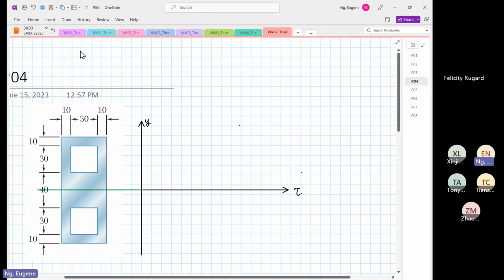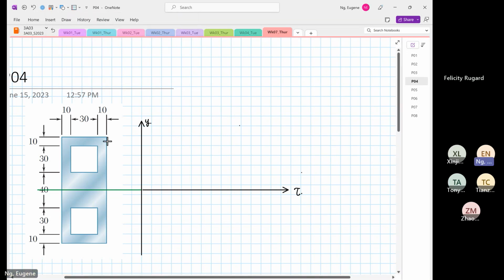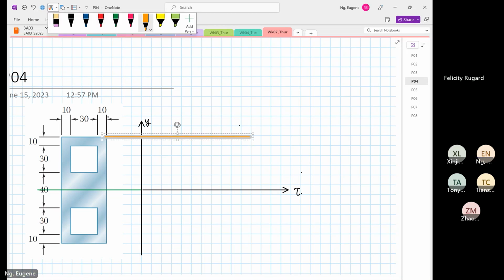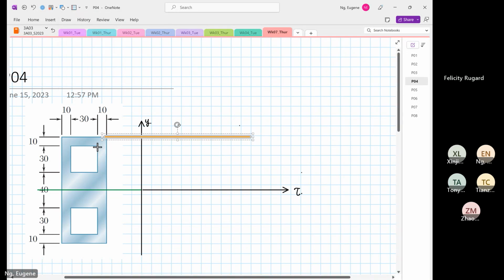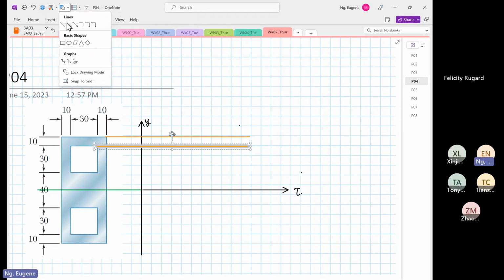We have quite a few positions of concern. So this is the top. So there are 2 points that we can be very sure of.